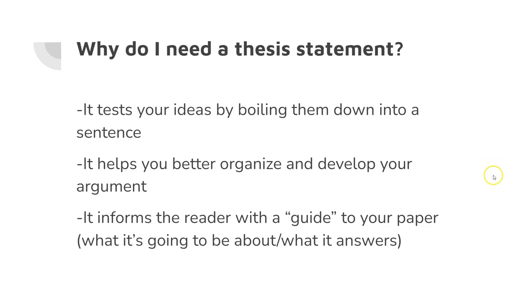All right, so let's start with why you need a thesis statement. Some people are like, I'll just skip it altogether, right? Because it's really tricky, it's a pain in my butt, why would I need it? Well, it kind of tests your ideas. It gives everybody your ideas ahead of time by putting them into one sentence at the end of your introduction to be like, hey, this is what the paper is going to be about.